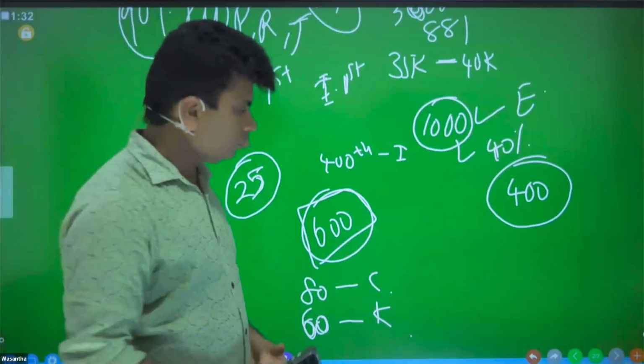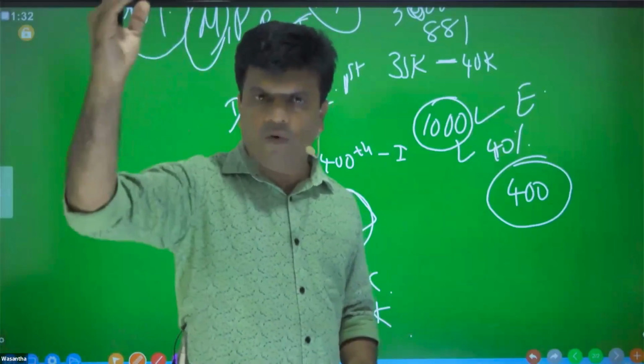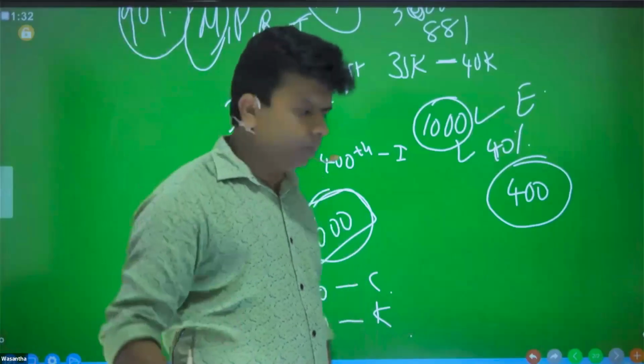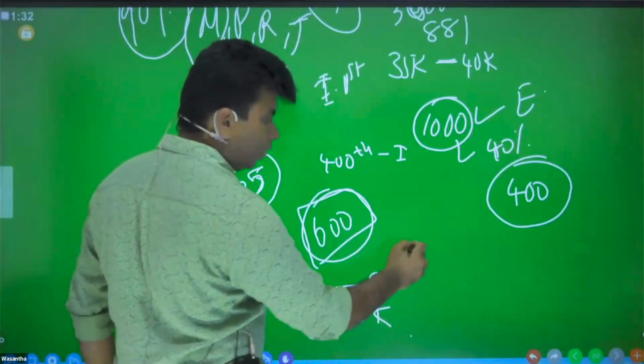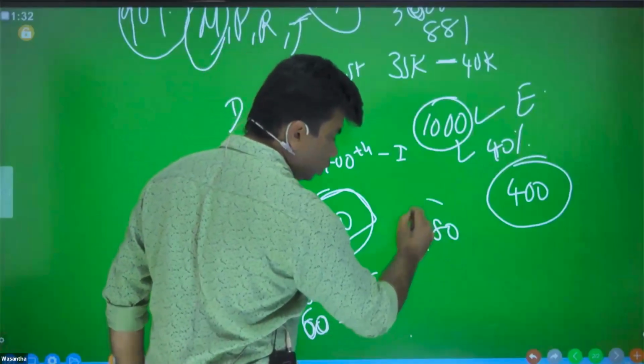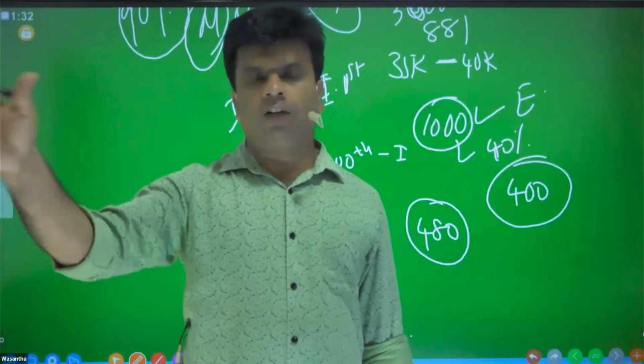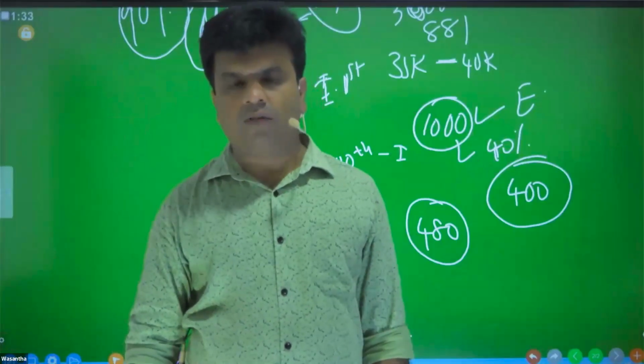Now, if 1 to 400, all 400 they are in Colombo, right? Then in Colombo district, 480 students can go to the engineering faculties. Did you understand what I mean, right?